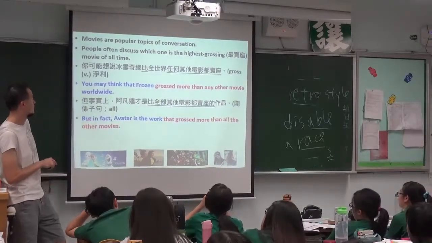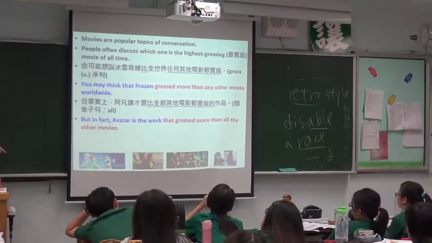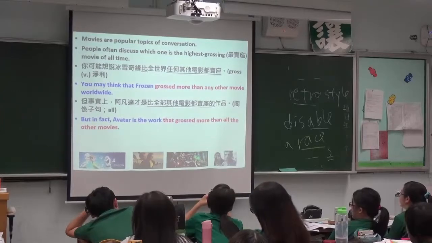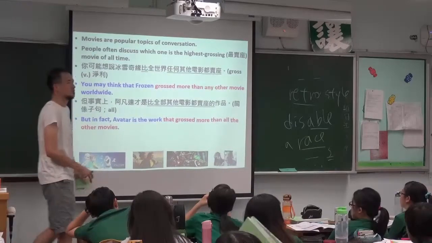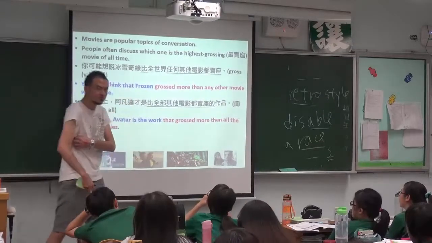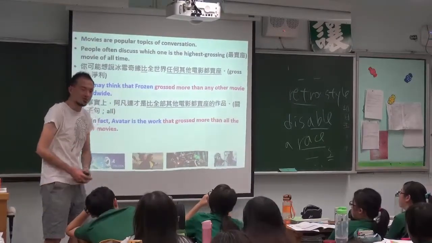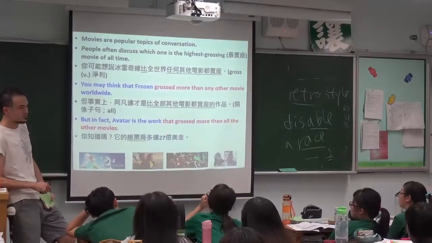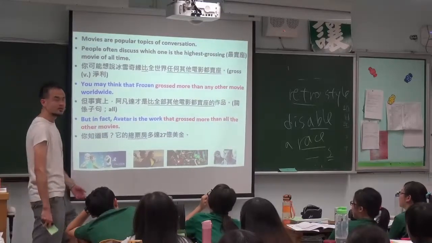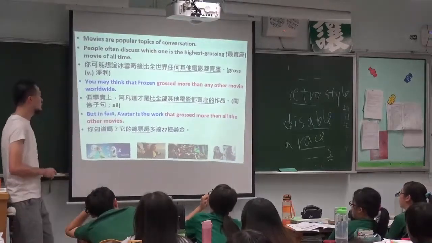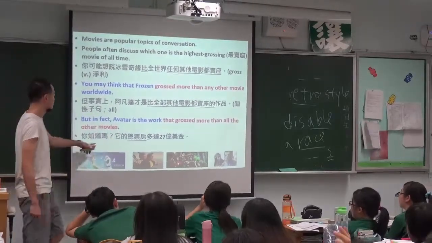Yeah, but in fact, Avatar is the work that grossed more than all the other movies. Yeah, easy. So like before we move on, how much money do you think that Avatar has earned? Maybe guess. 12亿. More than that. Answer this. Like this much money. This much money. Yeah.